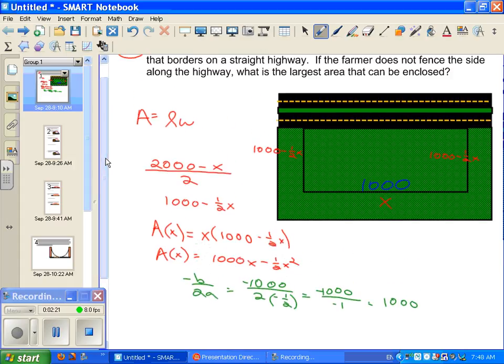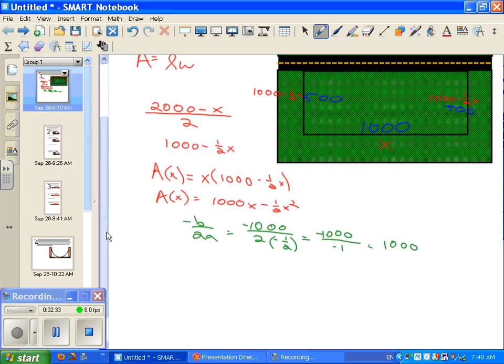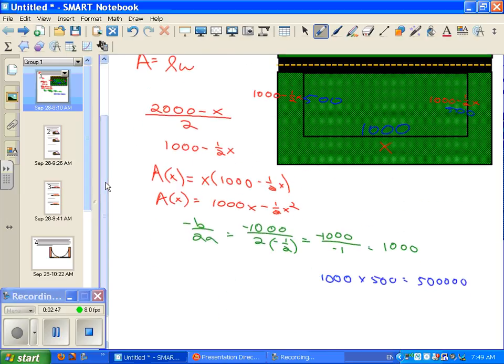So what are they? 500. Okay, the question was, what's the largest area that can be enclosed? Multiply them together. So 1,000 by 500 is going to give me 500,000. And then what was this in meters? Square meters.